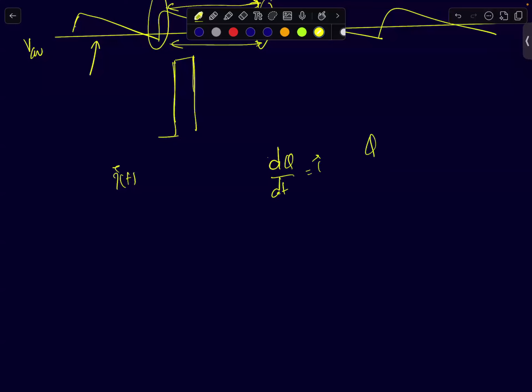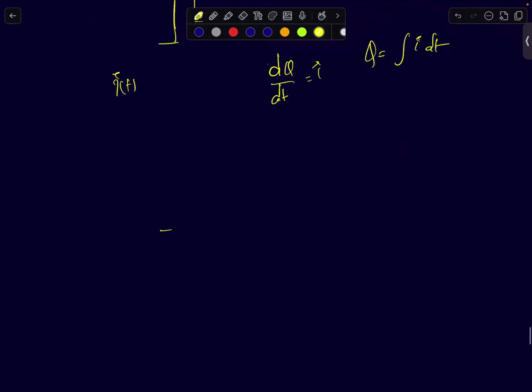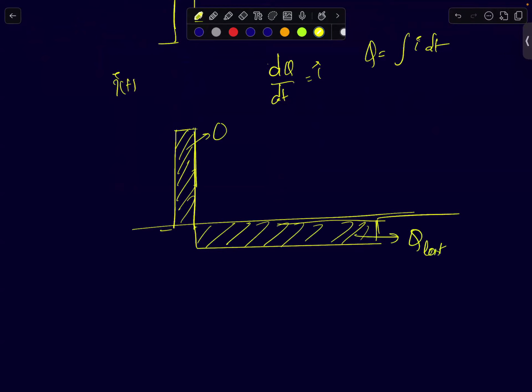Charge is the integral of current. So the area under this curve, in the small duration your capacitor current will be positive, and for the rest of the duration it will be negative in such a way that this area will be equal to this area. I'll call this Q lost, and this Q gained.